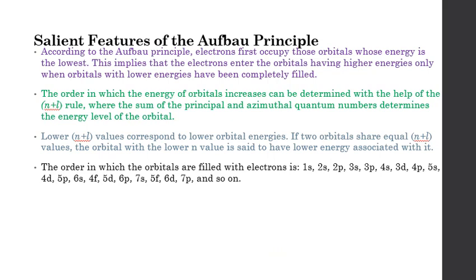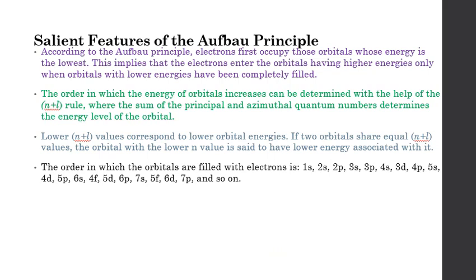The salient features of the Aufbau principle: the main point is that the filling of electrons in subshells is done from low energy to high energy. The order of energy is calculated by using the formula n plus l. It is called the n plus l rule or Madelung rule. If two subshells have the same n plus l value, then electrons are placed in the subshell which has lower n value.